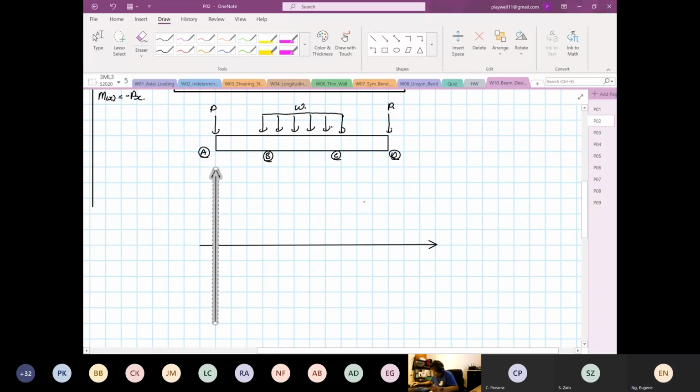So this is V, this is 0, and this is our distance A. This is our distance L minus A, and this is our distance L.